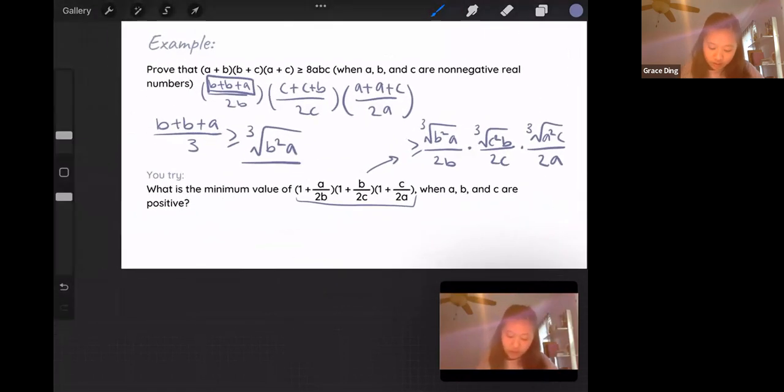Okay. And then we can simplify this, because we have basically b squared here and then a b here. So it's going to be all of them multiplied together to get this.